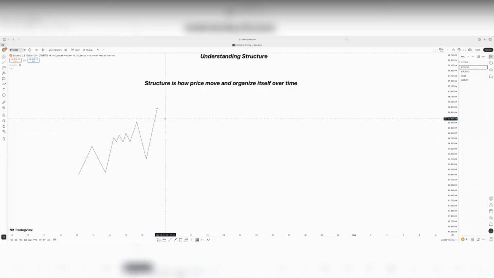That's how price moves. It creates a series of highs and lows.